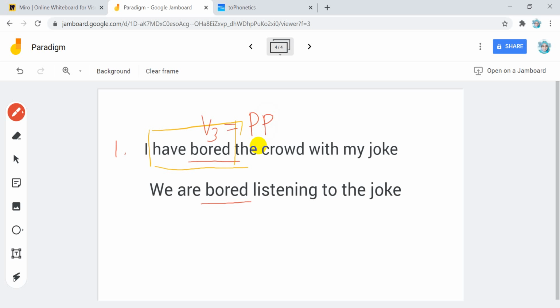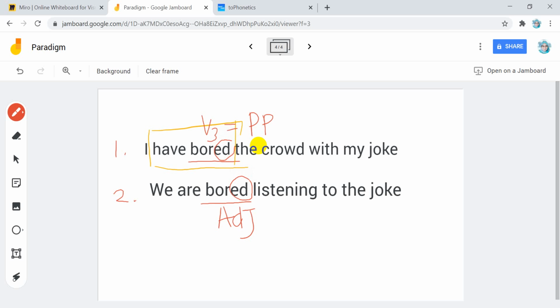In the second example, we are bored, so bored here is an adjective. It uses the same ed, the same form as the past participle, but it is different. The first one is a verb, a past participle, an inflectional morpheme.